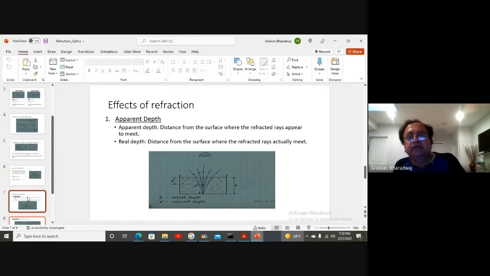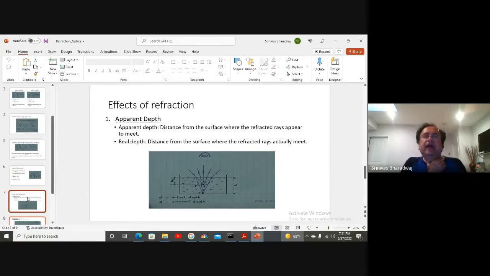Now the effects of refraction: you have this idea of the apparent depth, the distance from the surface where the refracted rays appear to meet. The real depth is the depth from the surface where the refracted rays actually meet. So the apparent depth versus the actual depth, d prime over d.